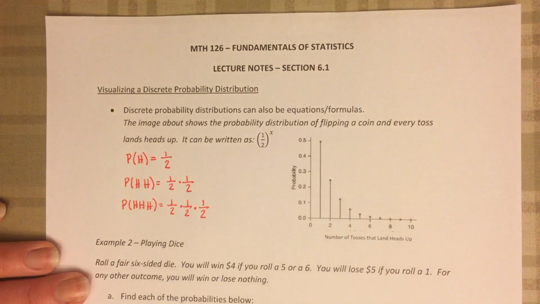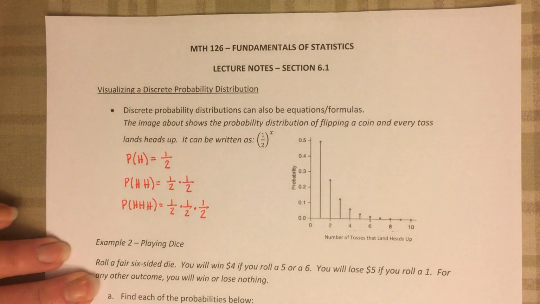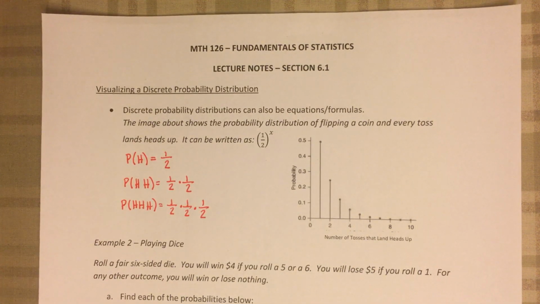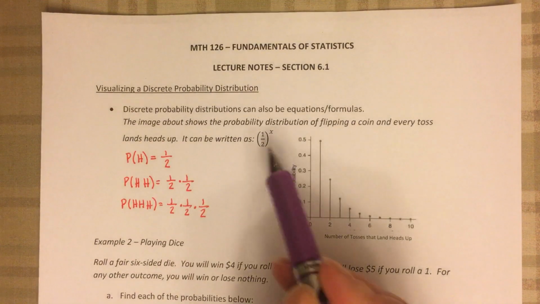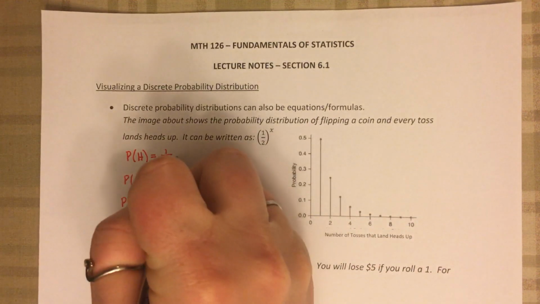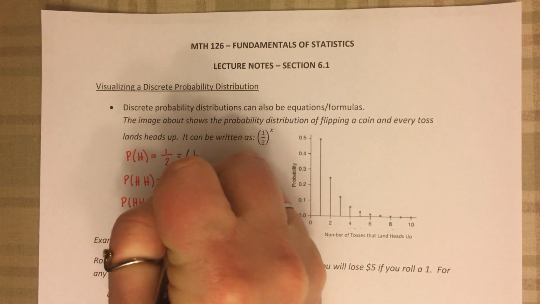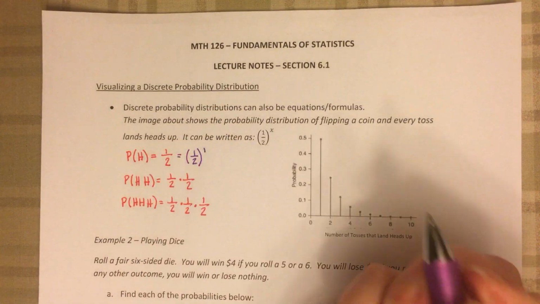Using the multiplication rule from the previous section, if we're thinking about how many heads, we would simply be multiplying the probability of 1 out of 2 times itself that many times. That's what exponents show. Notice this first one is equal to 1/2 to the first power.